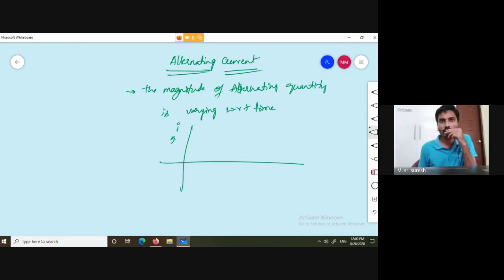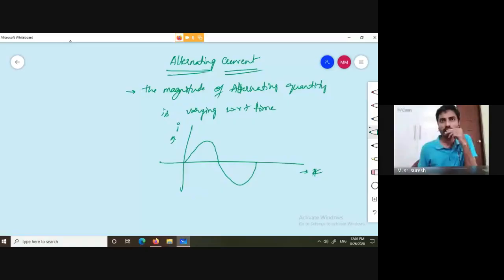For example, if you take the I value on the y-axis and time on the x-axis, you get a sinusoidal wave like this. The definition implies that the magnitude of an alternating quantity varies with respect to time, so at every instant of time the magnitude varies.